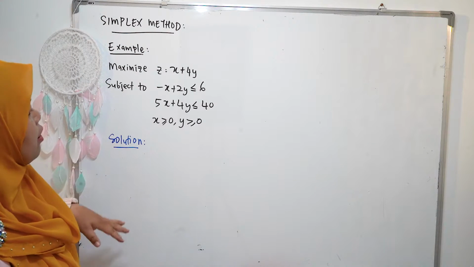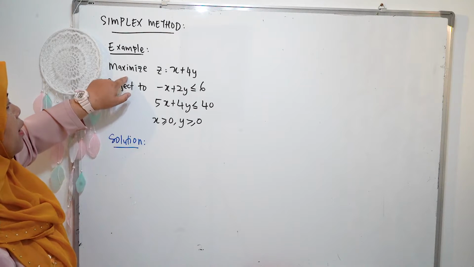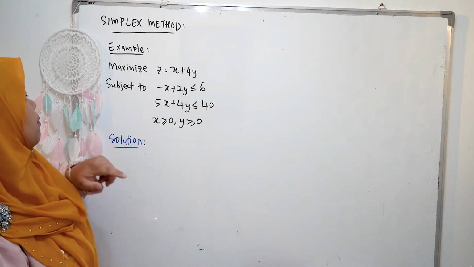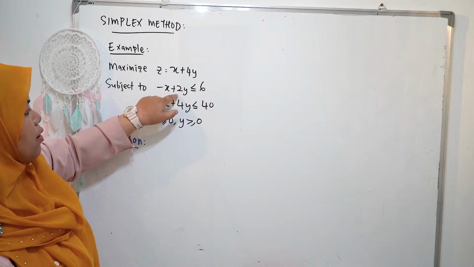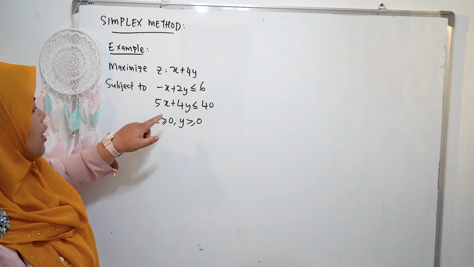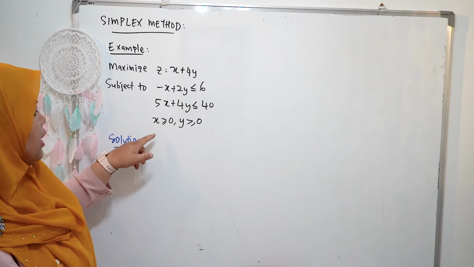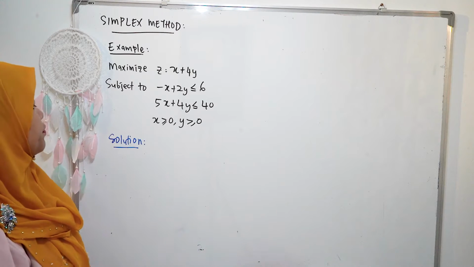First of all, look at the equation. For the objective function, maximize z equals x plus 4y. For the constraints: negative x plus 2y less than or equal to 6, and 5x plus 4y less than or equal to 40, and x greater than or equal to 0, y greater than or equal to 0.